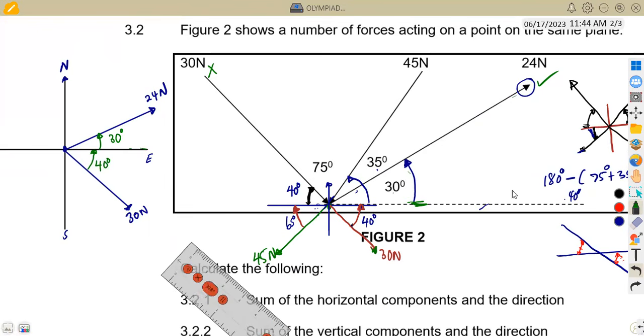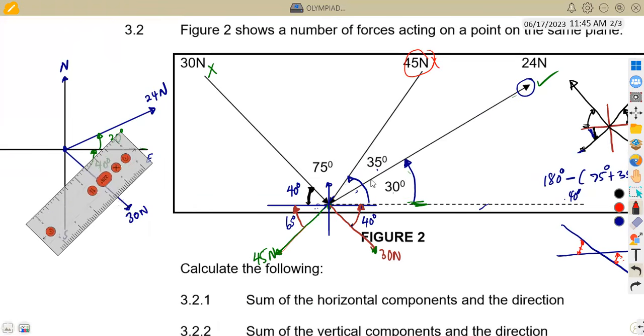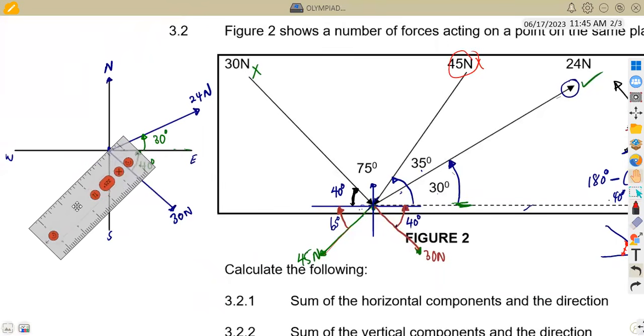Then we have got the last force. Remember, 45, we are not going to take this. We are going to take the one that we extended, this one that is now from the point of intersection of these forces. So we are going to have our 45 Newton somewhere here. All right, so this is the force that we are going to have. And also, we had the angle. So let me just remove this.